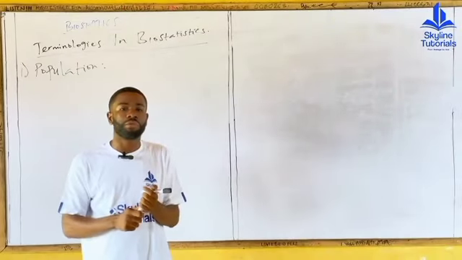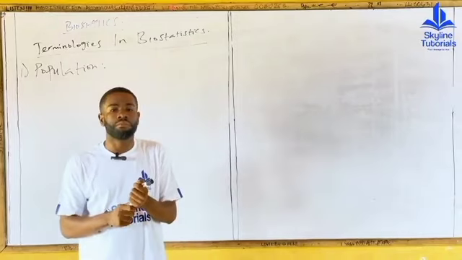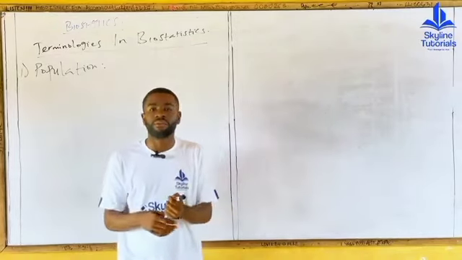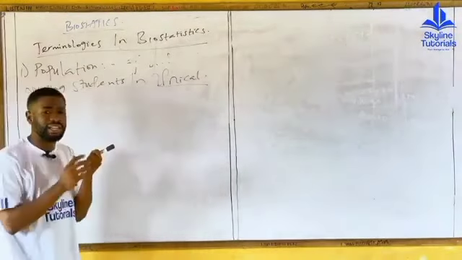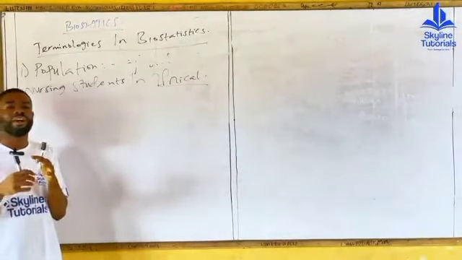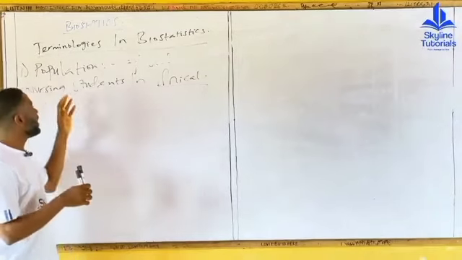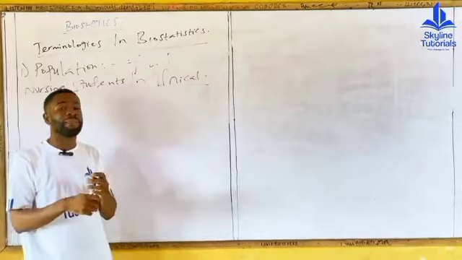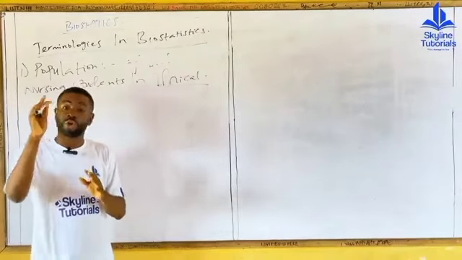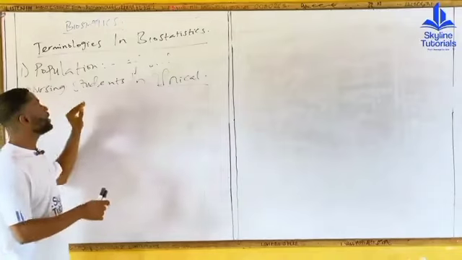make inferences. So my population could be the total number of, let's say, nursing students in UNICAL. That's a population. You cannot examine every nursing student in UNICAL for a particular research, but your concern is nursing students.